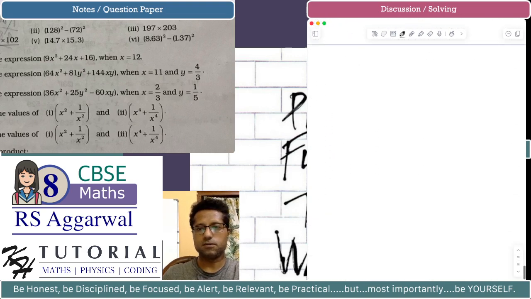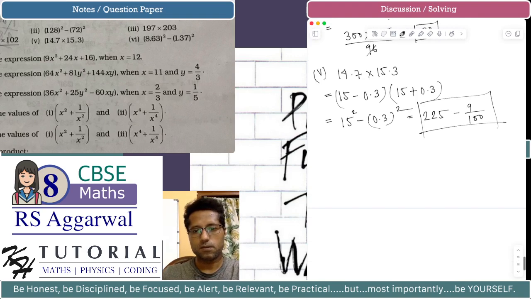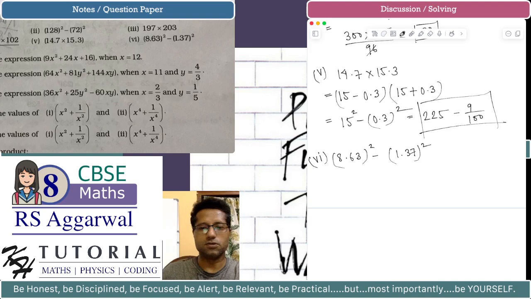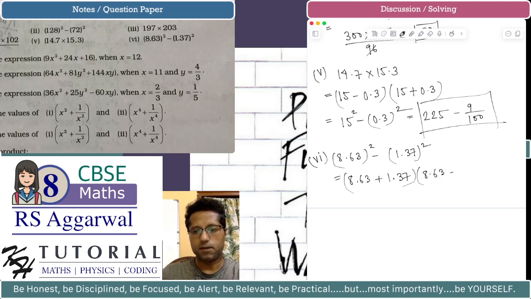Part 6 is 8.63 square minus 1.37 square. So this is also of the form a square minus b square. So this will be equal to a plus b multiplied by a minus b.